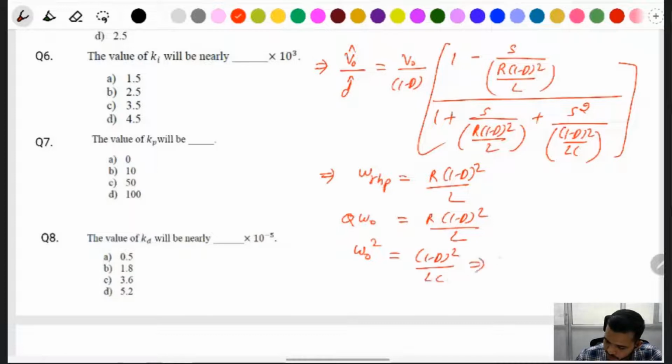Omega naught square is 1 divided by LC, that's why omega naught is equal to 1 minus D divided by the square root of LC.